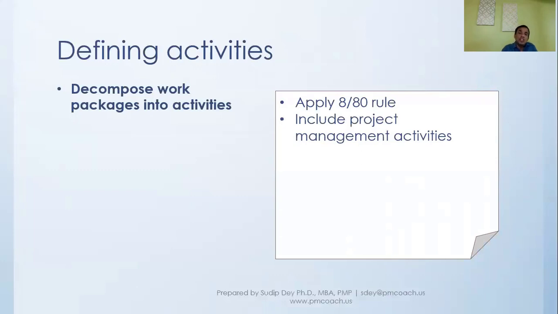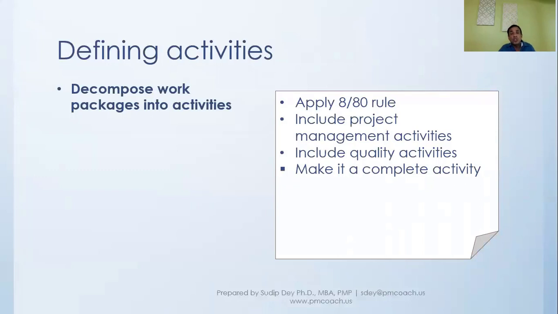We should ensure that we include even the project management activities. We should not leave that out, or even the quality activities. For example, you might do some quality testing and so on, and we don't want to leave out those activities as we are identifying the activities.